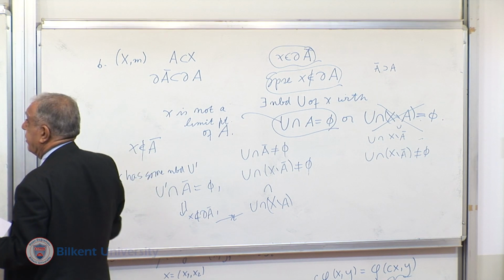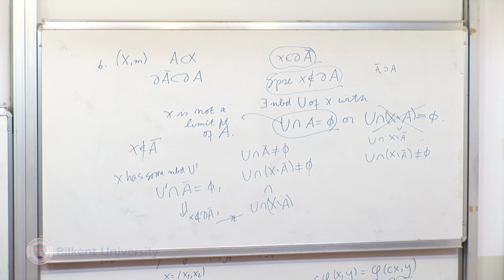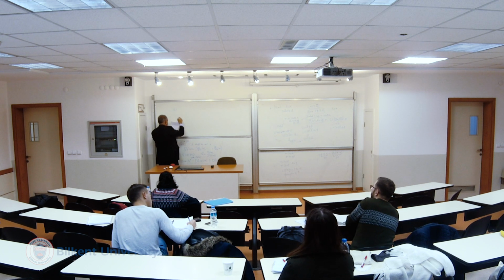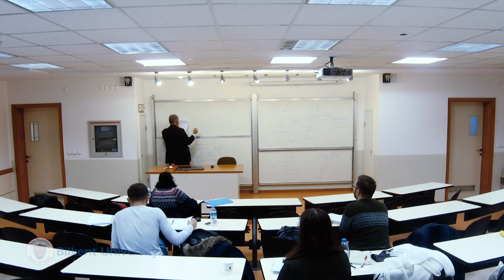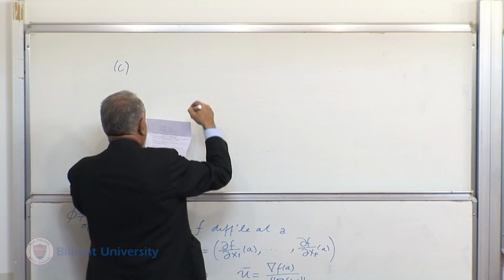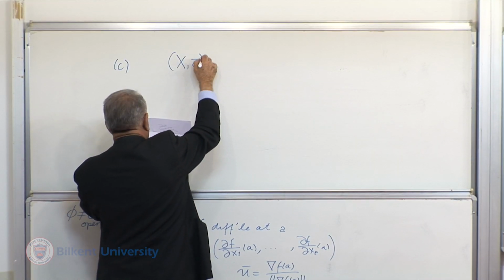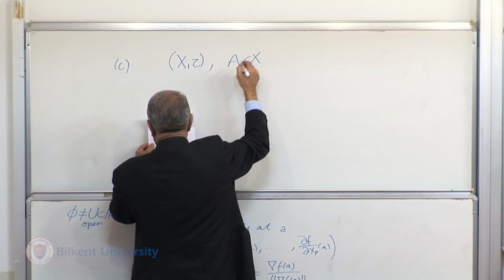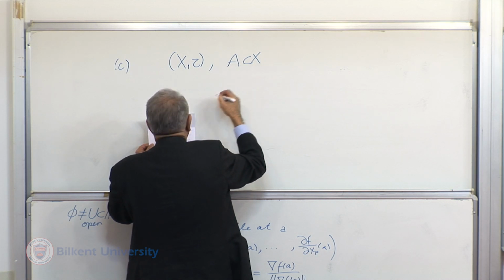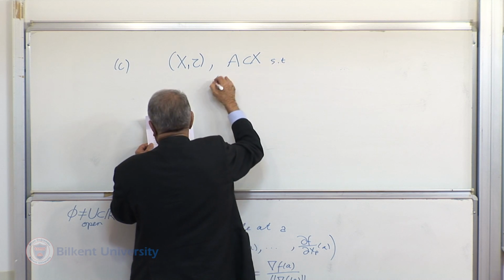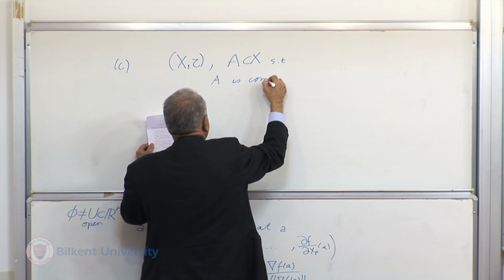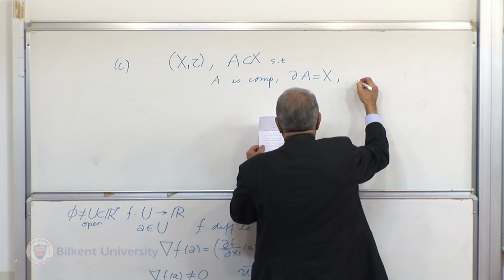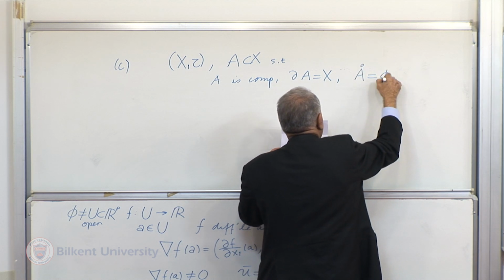Then C. Now that was, I guess, you have an example of a topological space, a subset A of X, if any, such that A is compact, the boundary of A is the entire X, and the interior of A is empty.